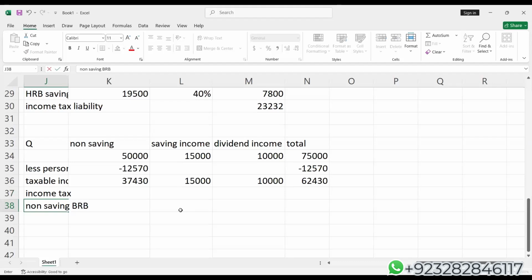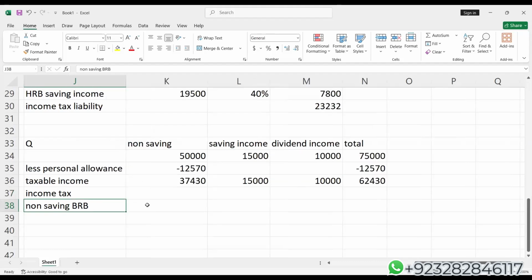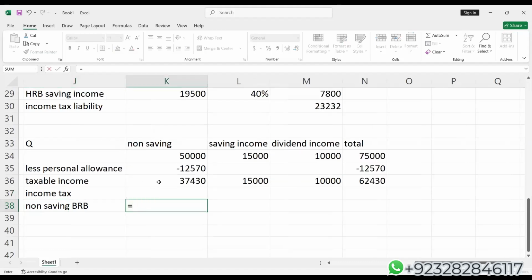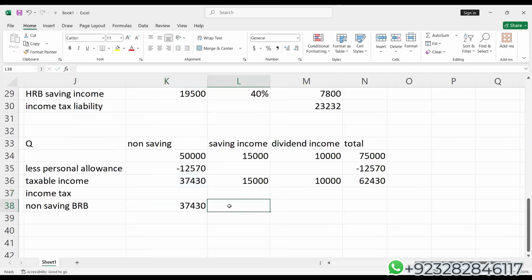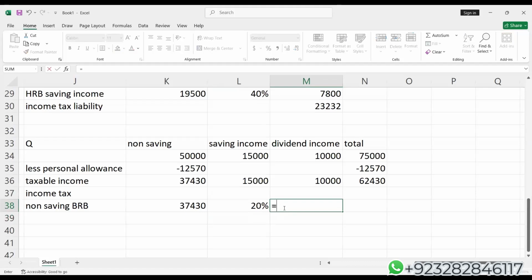Logically, entire amount falls in basic rate band. Applicable tax rate is 20%. 37,430 multiplied by this.